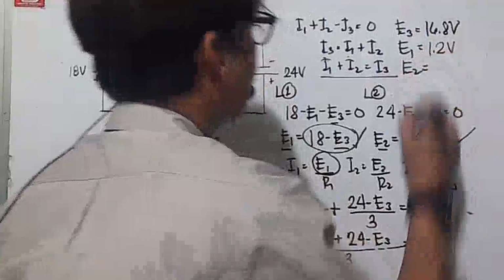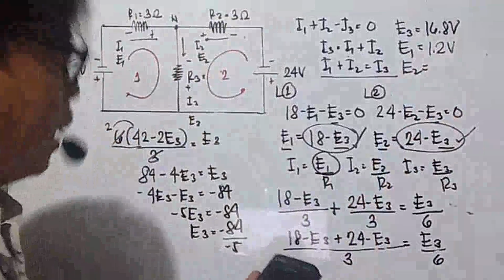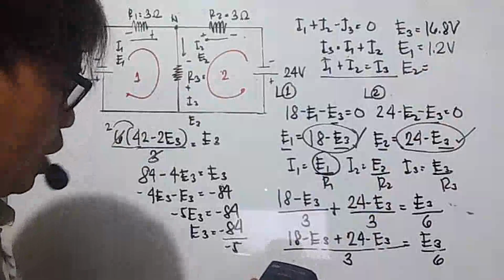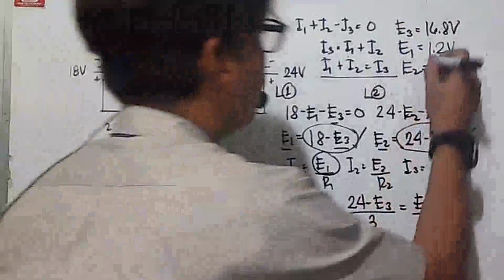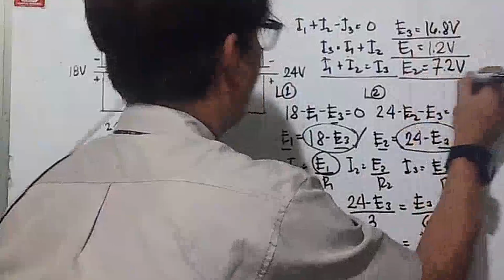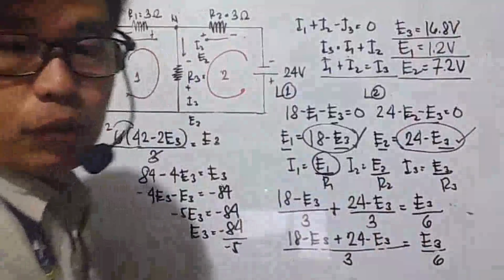And your E2 is equal to this one, 24 minus E3. So it is 24 minus your E3, which is 16.8, so it is 7.2 volts. So you have your E1, E2, and E3. Now let us place them in the given problem so we could solve for the currents.